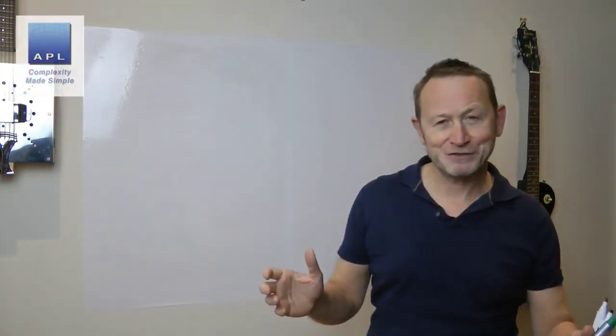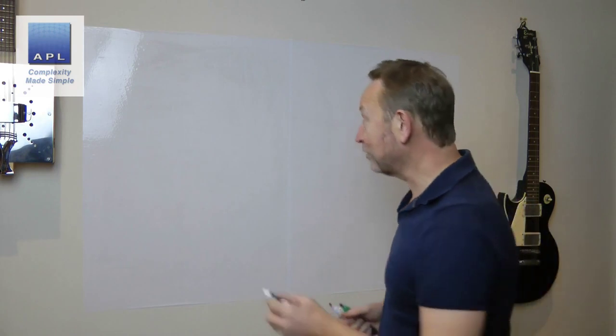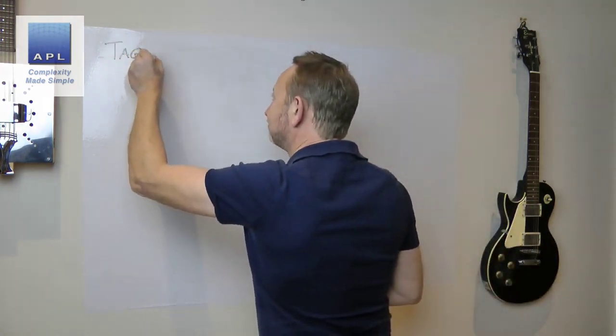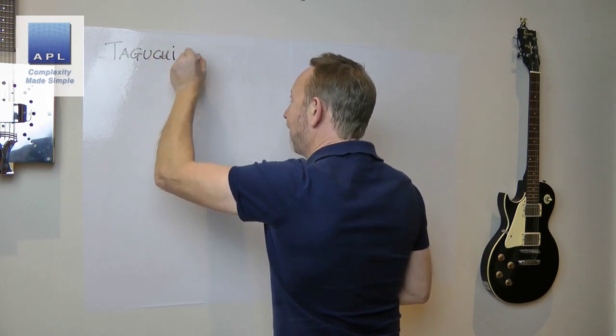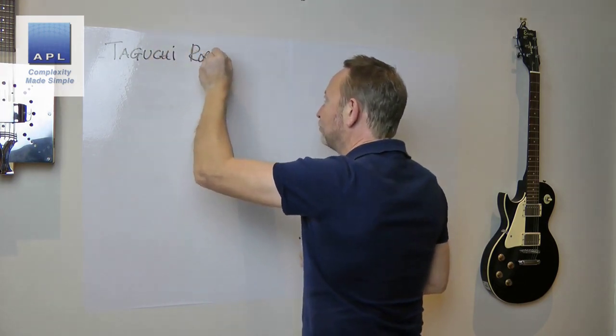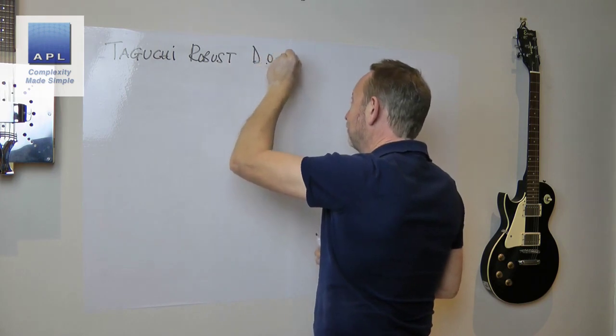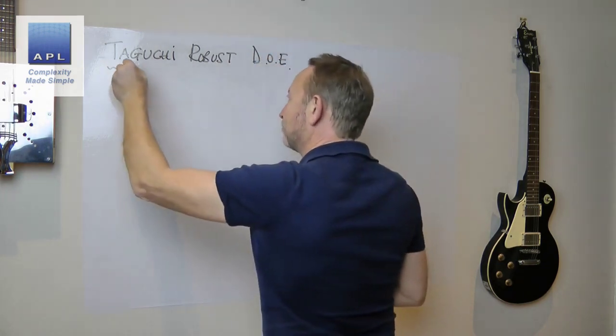Welcome to the latest video, and in this video newsletter we are going to talk about robust settings found the Taguchi way. Okay, so we're going to talk about Taguchi robust design of experiments.